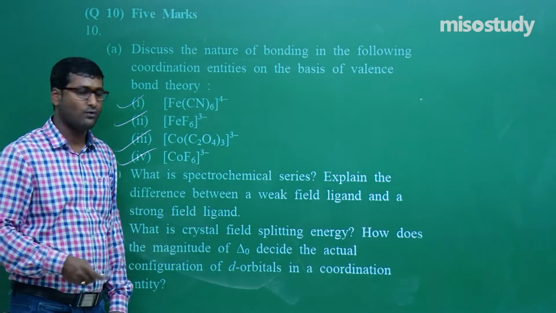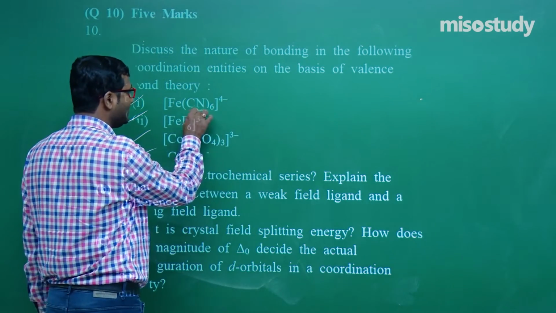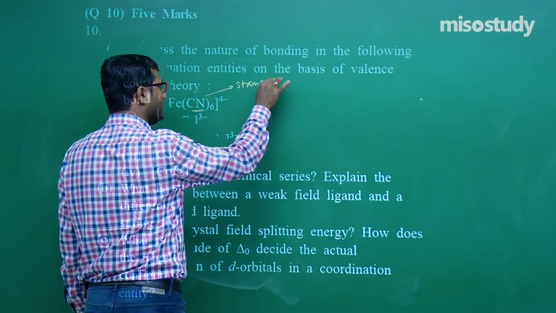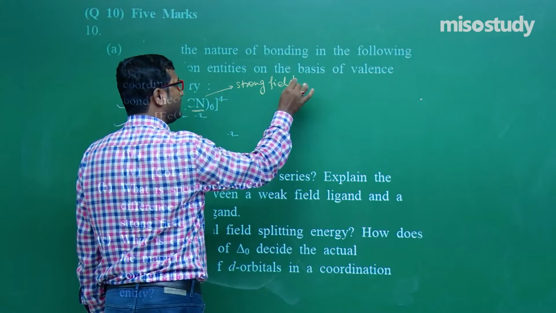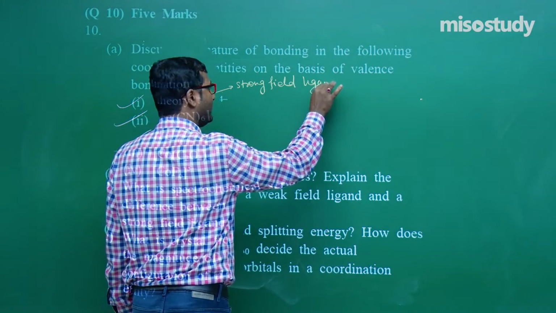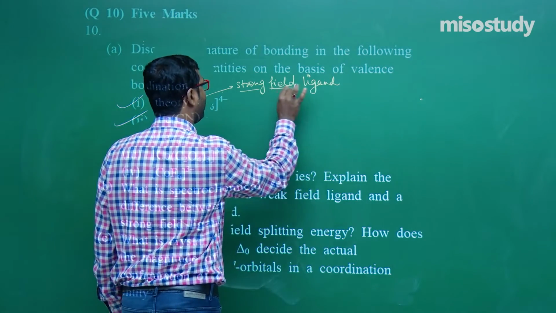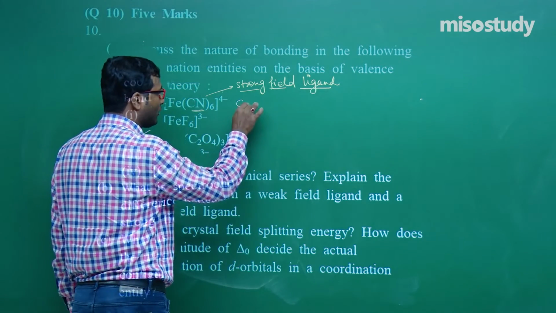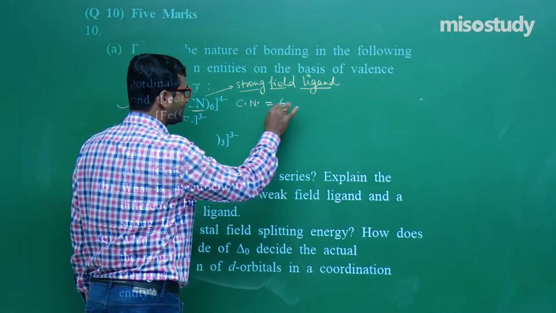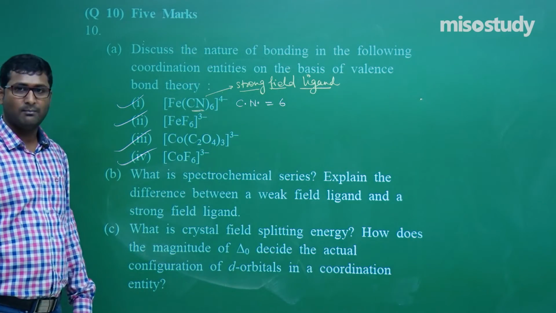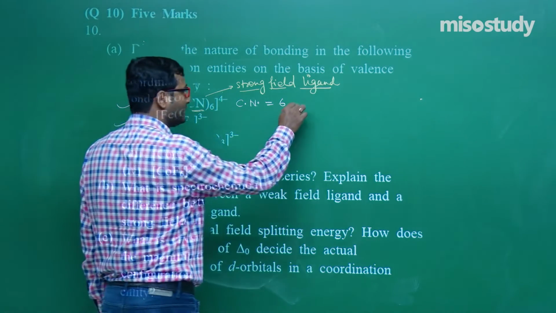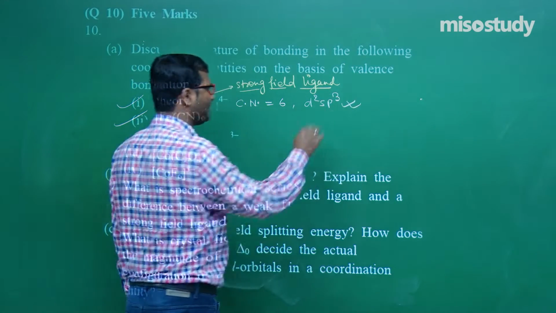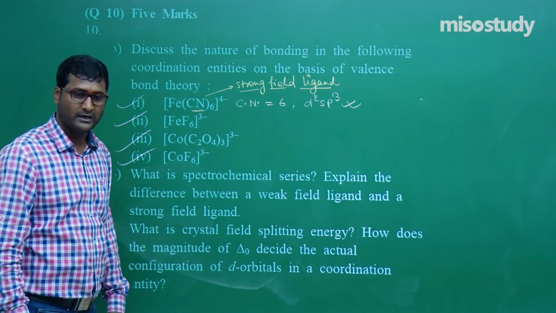[Fe(CN)6]4-. Here, CN is, my friend, a strong field ligand. Definitely, if there is a strong field ligand and the coordination number here is 6, then the hybridization will be d2sp3, an inner orbital complex.